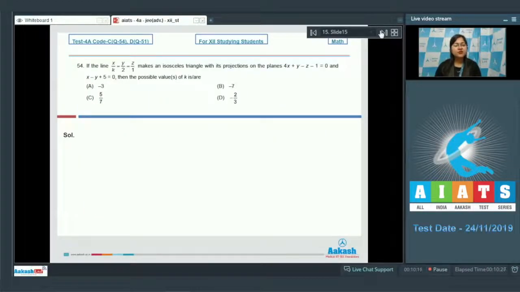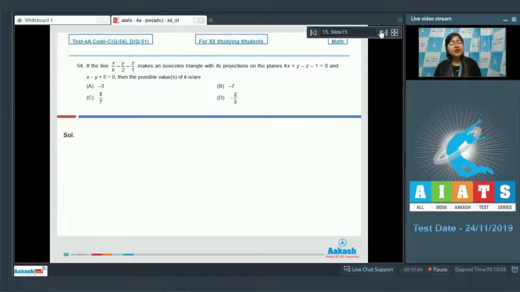Next is question number 54, which says that if the line x by k is equal to y by 2 is equal to z by 1 makes an isosceles triangle with its projections on the planes 4x plus y minus z minus 1 equal to 0 and x minus y plus 5 equal to 0, then the possible value of k is.